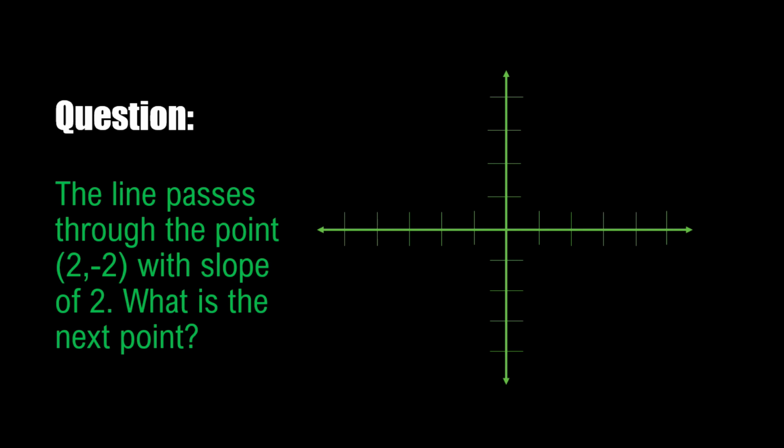Next question. There is a line that passes through the point 2, negative 2, and with the slope of 2. Now, what is the next point? So, ilocate natin yung 2, negative 2. And then, from that point, i-identify natin ang ating slope or the ratio of our rise over run given the slope 2, that is 2 over 1.